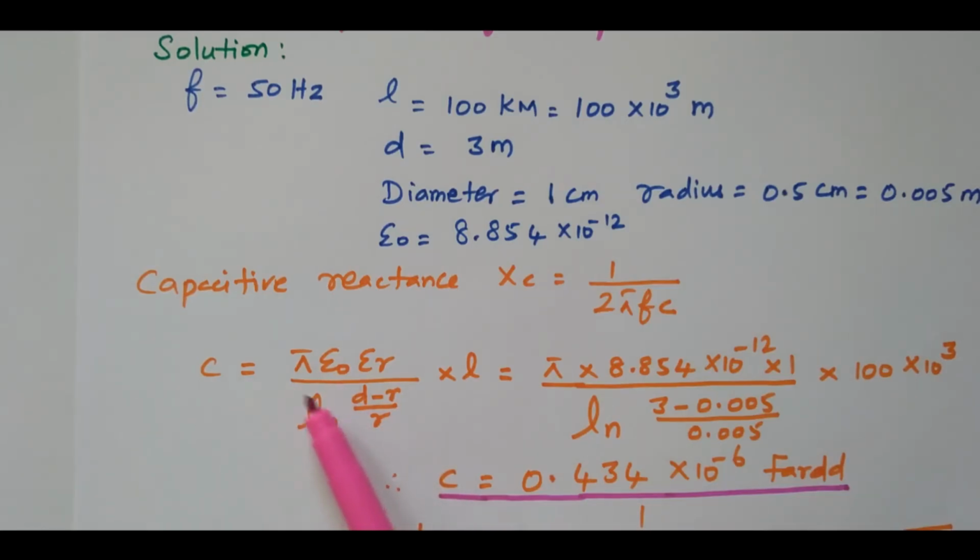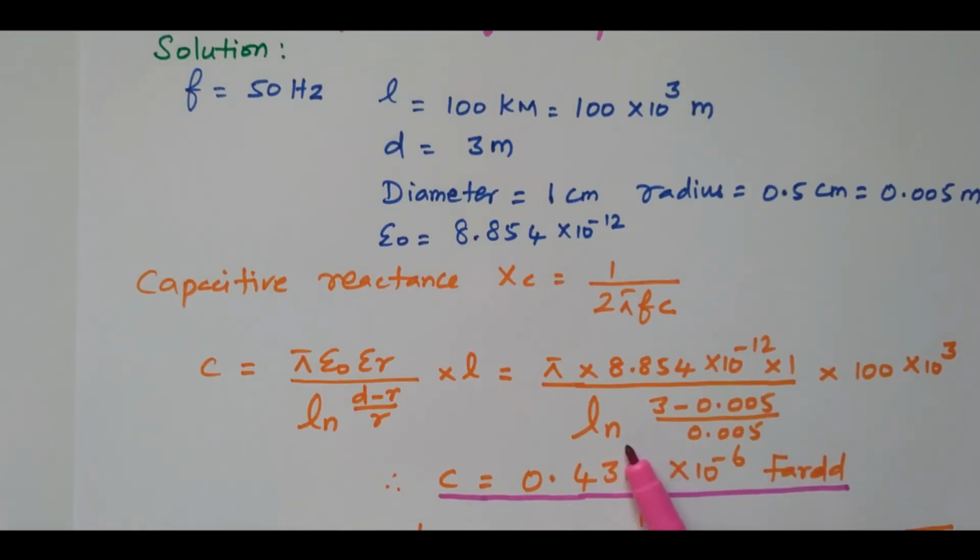Pi epsilon naught. So pi into epsilon naught, where epsilon naught is 8.854 into 10 to the power minus 12. Epsilon r is 1, we are assuming that it is air. Divided by log of d minus r, where d is the distance between the conductors, 3 meter, minus radius 0.005 meter, divided by 0.005. Right? So this is a natural log, base e.